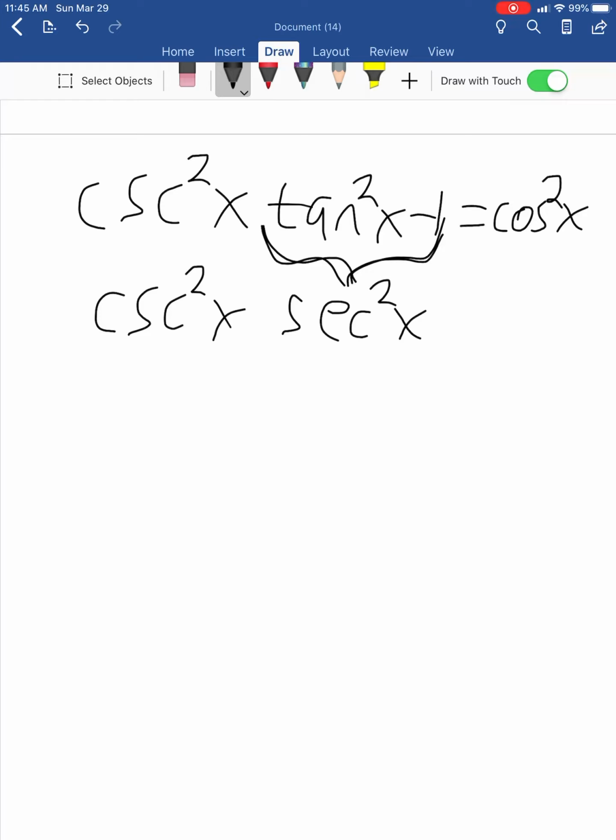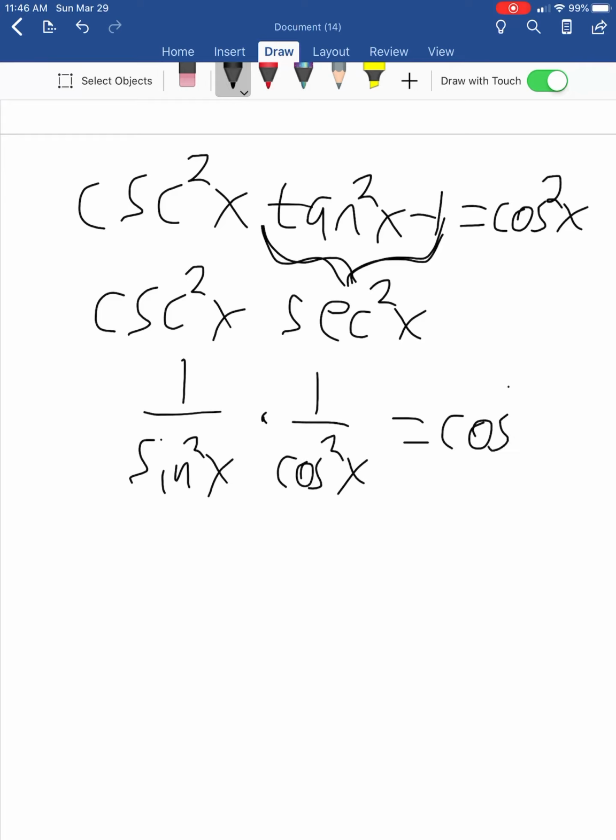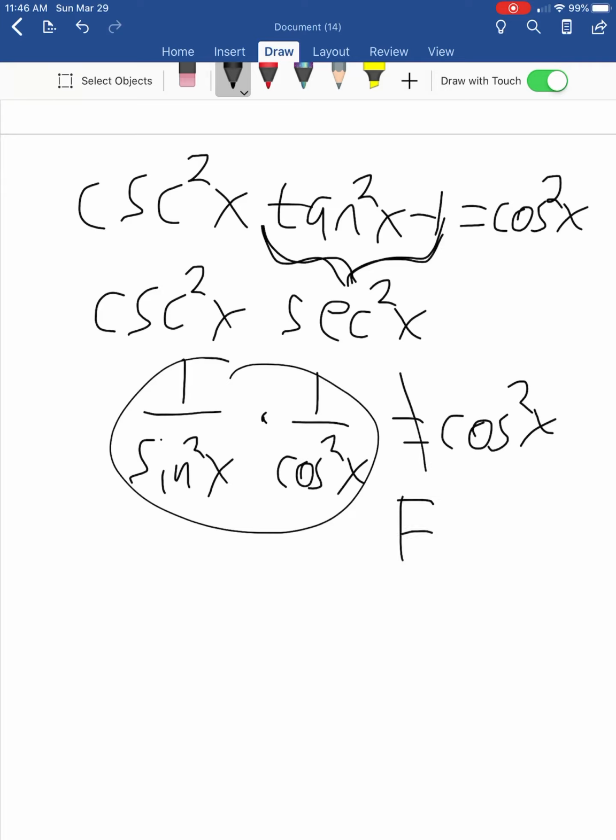Well, this cosecant squared, we could write as 1 over sine squared. And this secant squared, we could write as 1 over cosine squared. And it doesn't look like there's any way to make this equal cosine squared, right? So, false. I just can't multiply sine times cosine and get cosine. So this one worked out to be false.